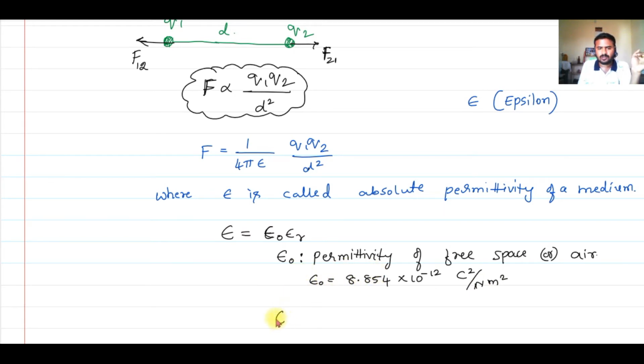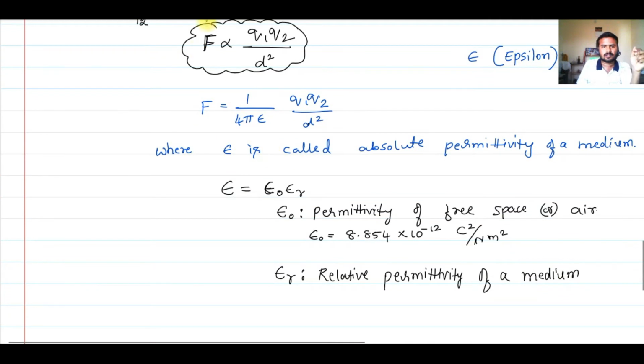And this epsilon r is called relative permittivity of a medium. This is also called by another name, dielectric constant.